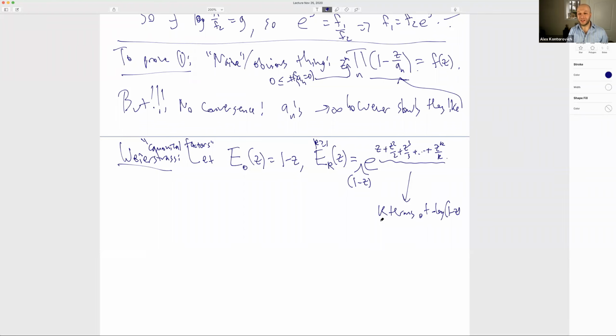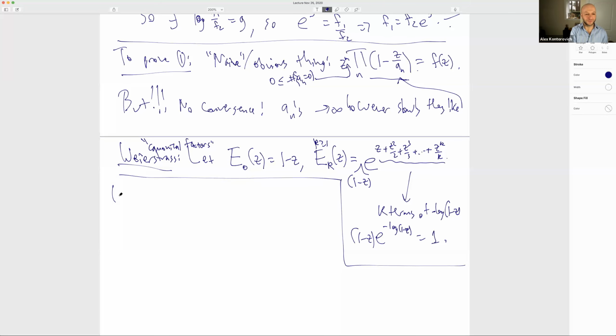So if I were to extend this and exponentiate, 1 minus z times e to the minus log of 1 minus z, that would be 1. So these factors are forcing convergence onto things that don't have convergence a priori.